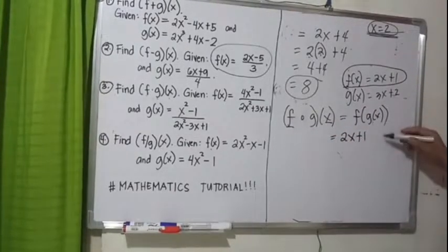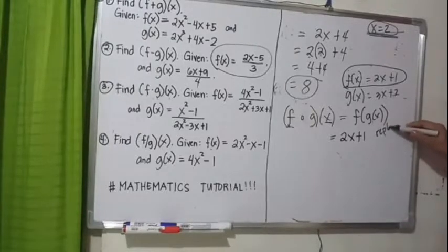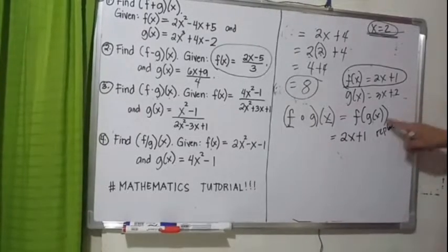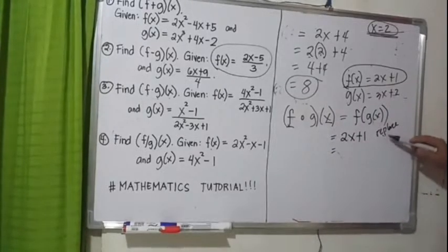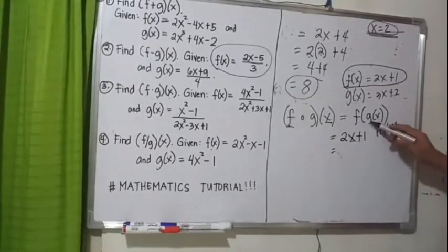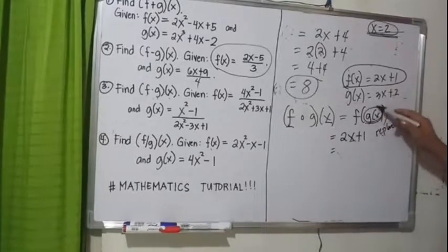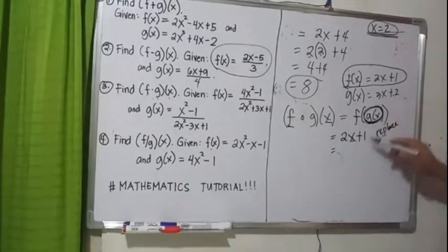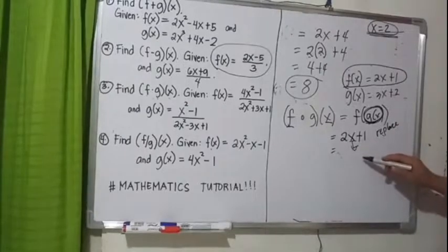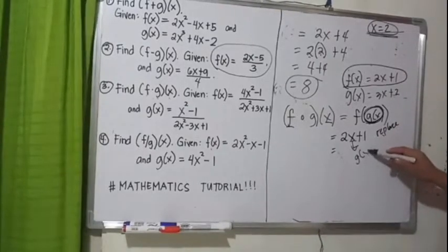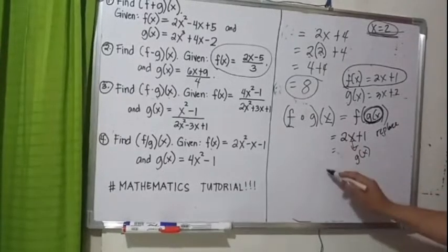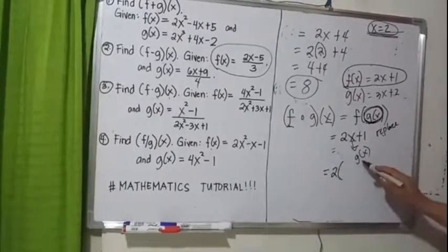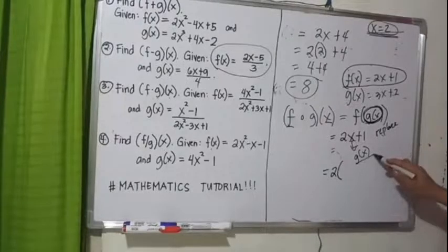Then, i-replace lang natin yung x. That is, i-replace the value of x by the g of x. So, ang value ng x nito is equivalent sa value ng g of x. So, that is 2 times, ano yung value ng g of x natin? Okay, very good.